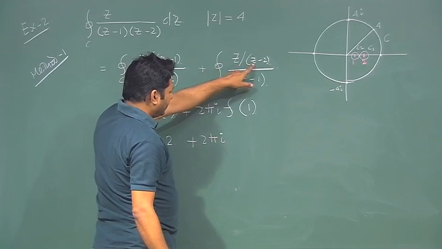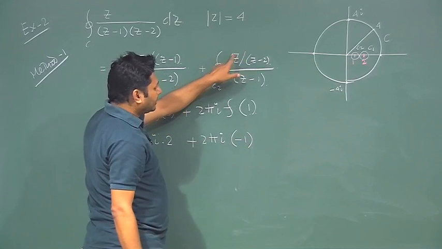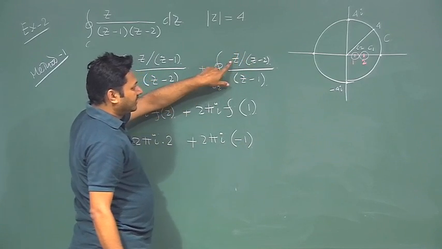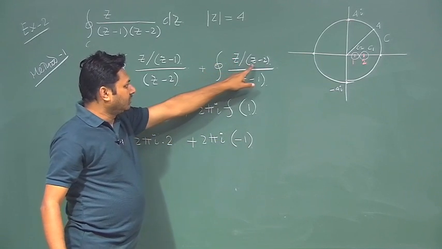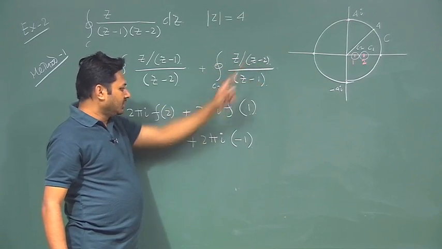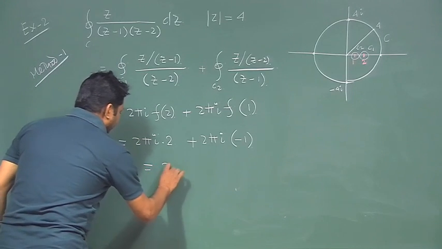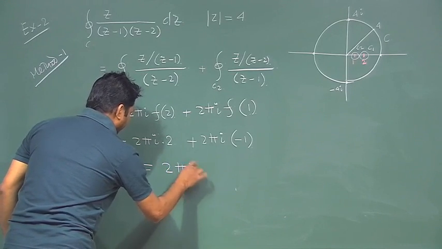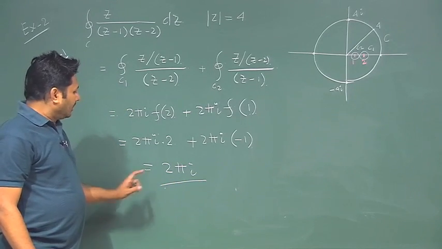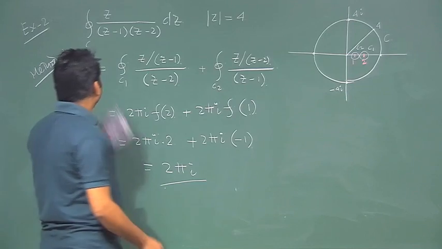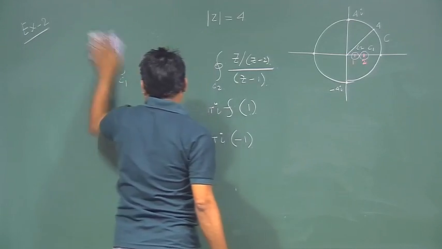If I put z equal to 1, I will have minus 1 here. The value of this function at z equal to 1 is minus 1. This is 1, this is 1 minus 2, 1 minus 1. So, this will be minus 1. So, again the entire result is 2 pi I, which is the same as the previous one. Okay. So, this is method 2. You can do this in this way also.